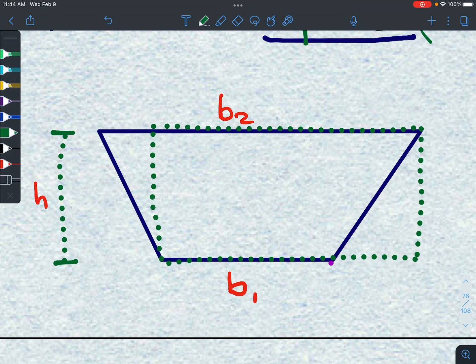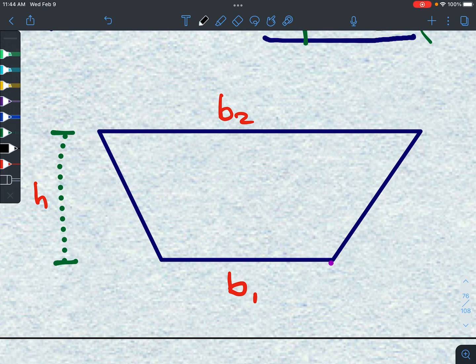And provided it's isosceles, you can do that. The one final way that I'd like you to think about this, though, is you could draw a line down the middle that is parallel to the 2 bases.